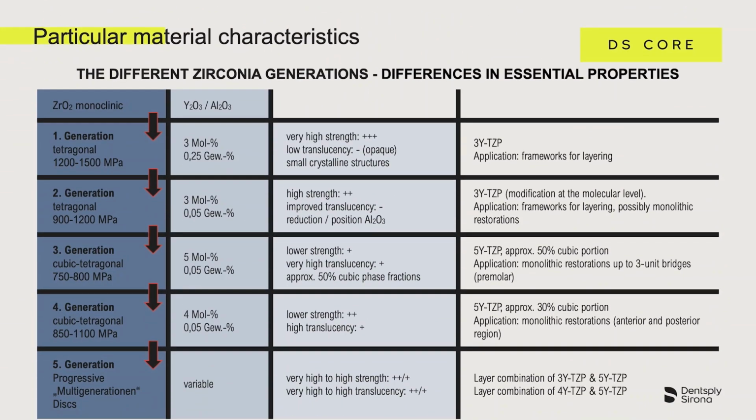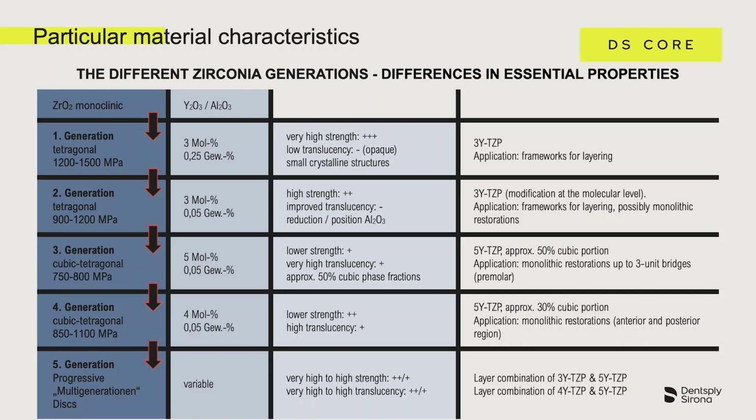This overview of the different zirconia generations should make it a little easier. Here it is shown in the different generations how the yttrium content increases, so that the hardness decreases but the translucency increases. This results in the different indications of the different groups.